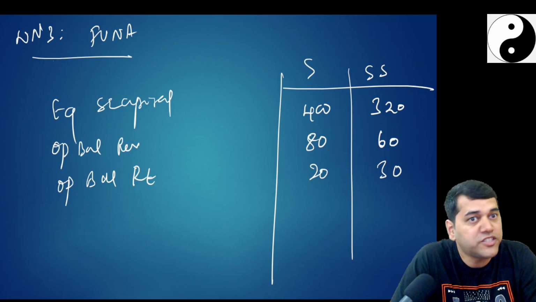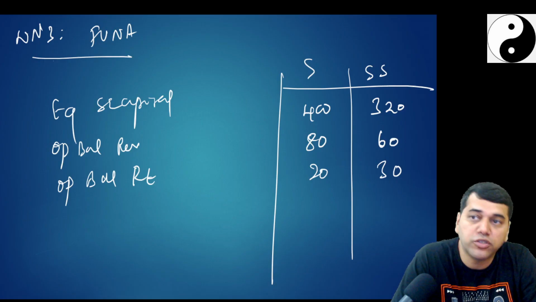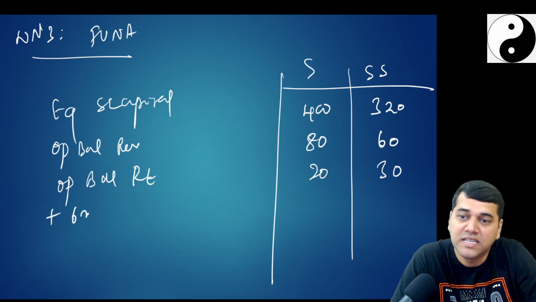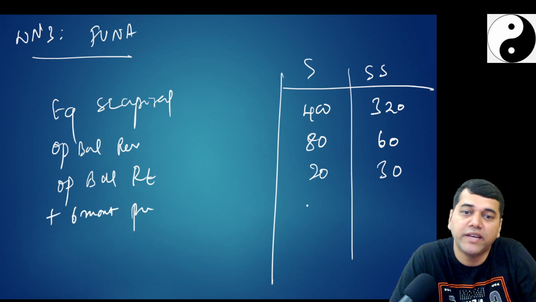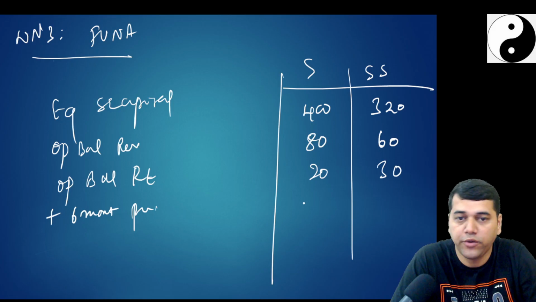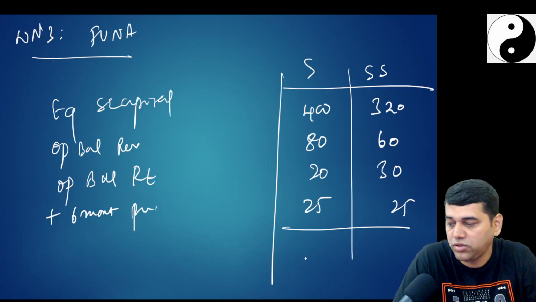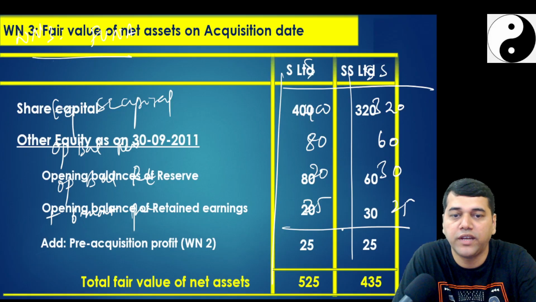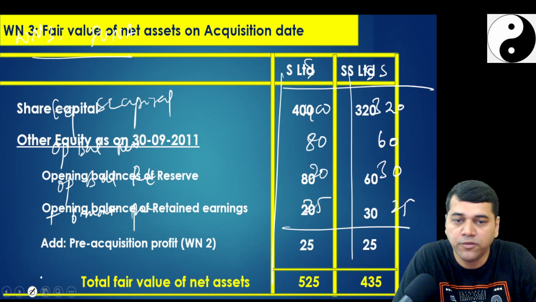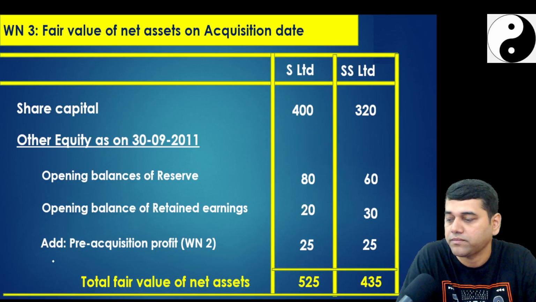How much profit did you earn from 1st April to 30th September? Add the 6-month profit, which will get added to the retained earnings. 25, 25. So you have got total fair value of the net assets 525 and 435.